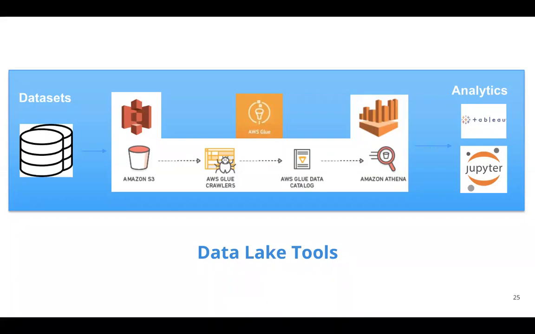We have agreements with Amazon to store data in S3 in their open data program. Once it's there, we're able to then leverage some other services such as Glue and Athena to make that available in different methods to users who may be using Jupyter Notebooks, Tableau, other types of tools like that.